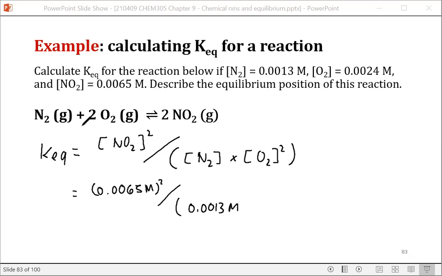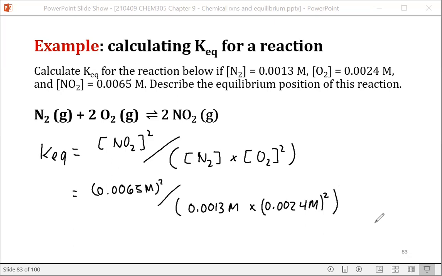And that doesn't have to be raised to anything because it has a coefficient of 1 in front of it, times my concentration of oxygen, 0.0024 molar. And that needs to be raised to the second because there's a coefficient of 2 in front of oxygen. Put that whole thing in parentheses.